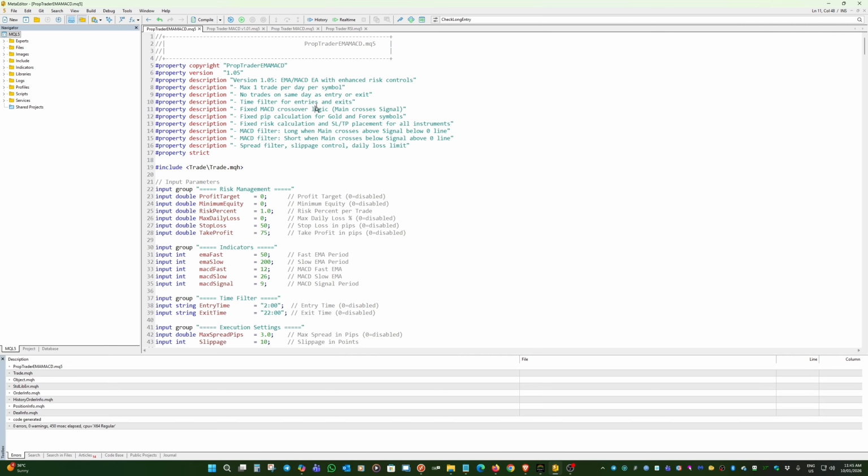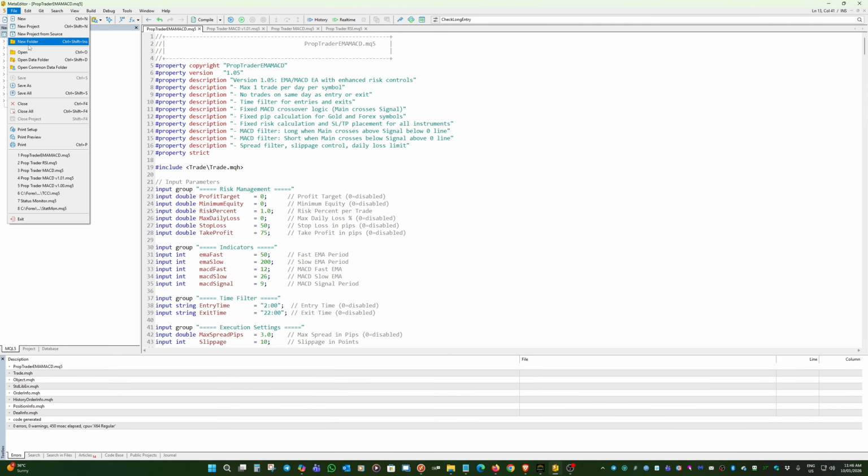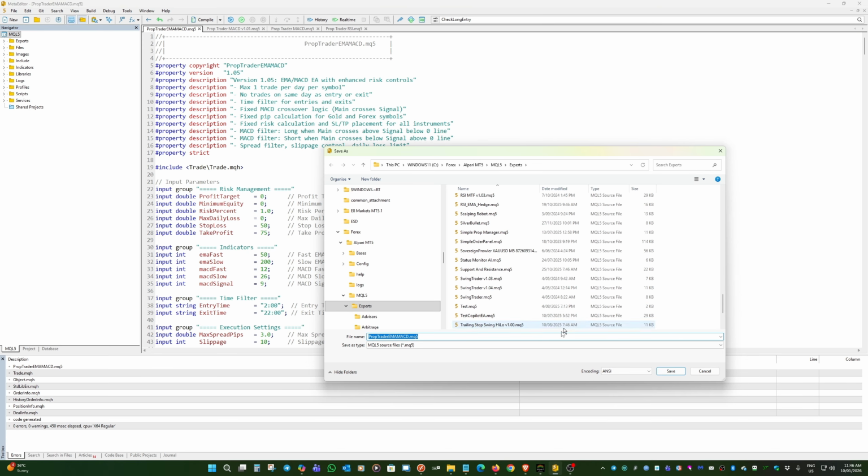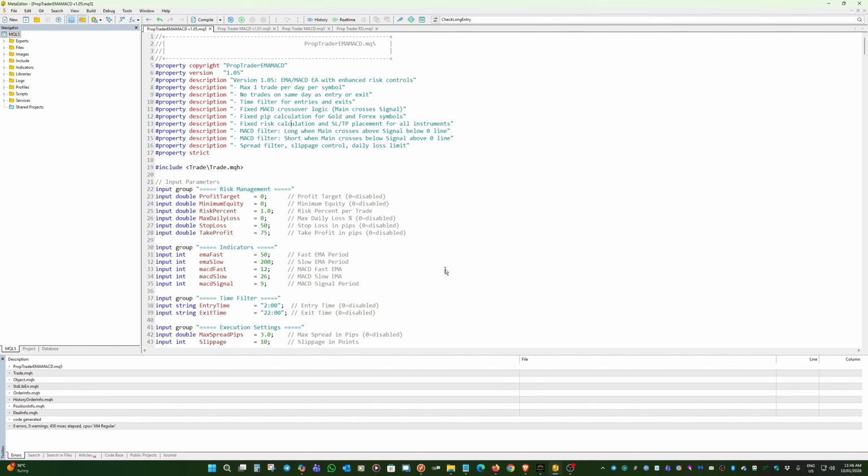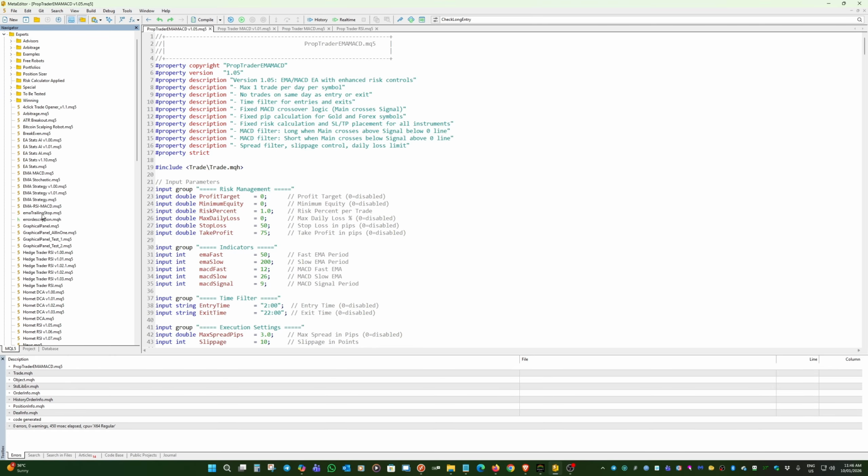And now I want to actually save this as version 1.05 before I make any more changes. We're just going to save as and find the, it looks like I haven't saved some of the previous versions here, but let's save this one as it is at the moment so that we can go back to it if we need to, and just reopen the same version that we're actually working on now.